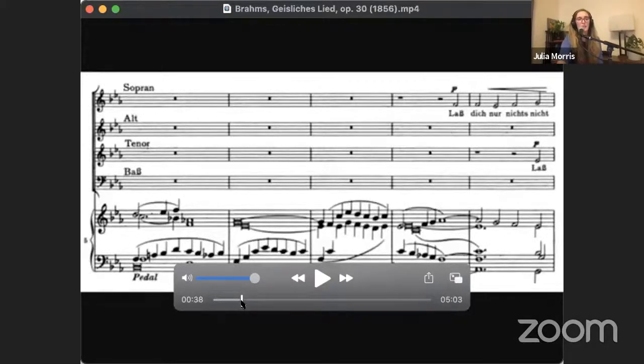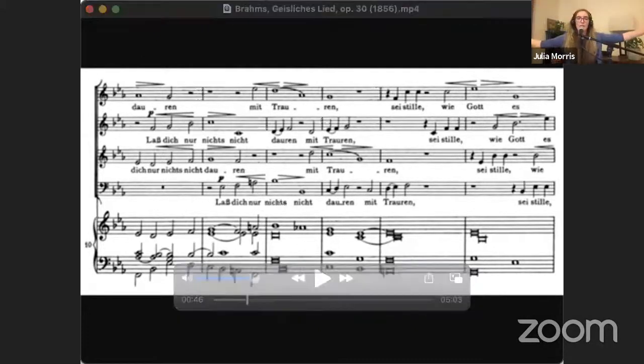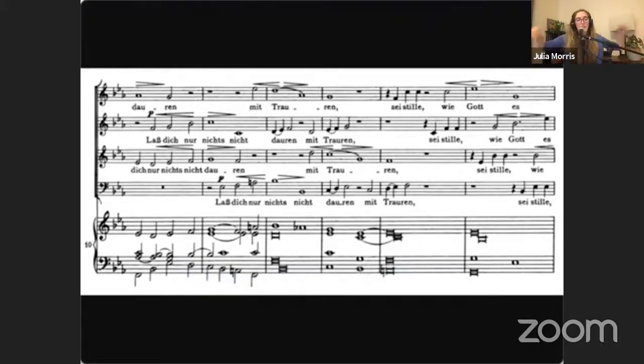Starting down here, "Lass dich nur nichts, nichts dauern." It has the exact same movement as you're singing through. Same thing with the alto line. Notice how it's moving up here, and the bass line kind of follows. So there are two canons happening here, and it's a very melodic and lyrical, very expressive sound.